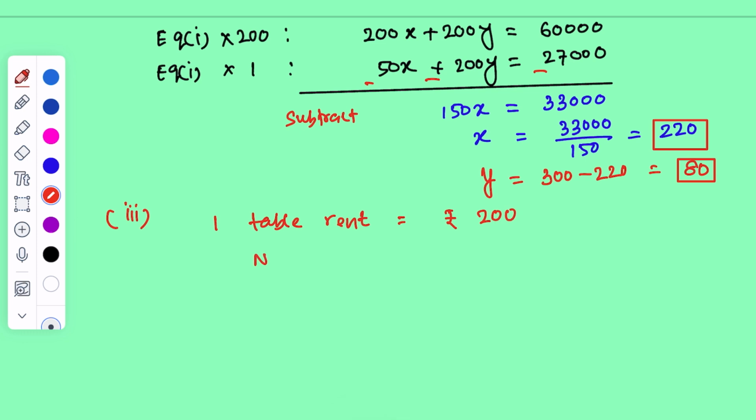So in 30,000 rupees, the number of tables will be 30,000 divided by 200, that is equal to 150, if no chairs are taken on rent. Hence the answer will be 150.